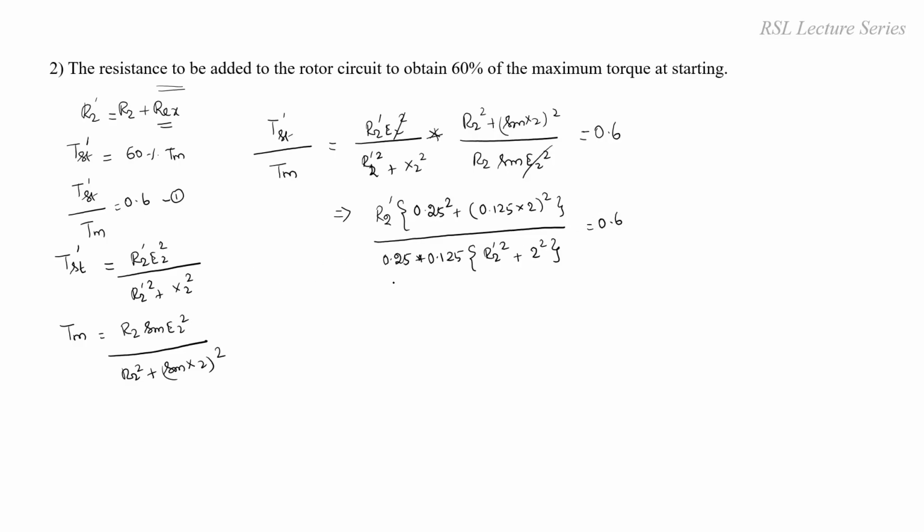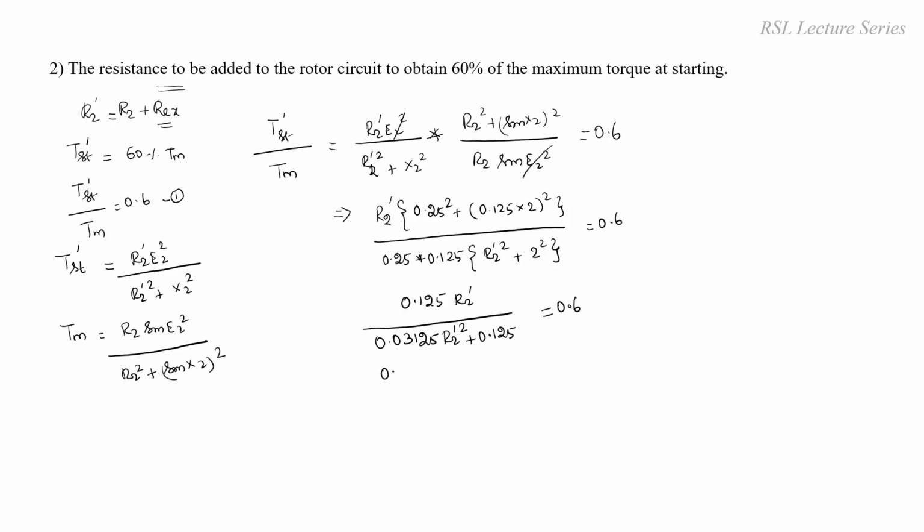So on simplification, we'll get 0.125 R2 dash divided by 0.03125 into R2 dash square plus 0.125. So this will be equal to 0.6. Now we will cross multiply.